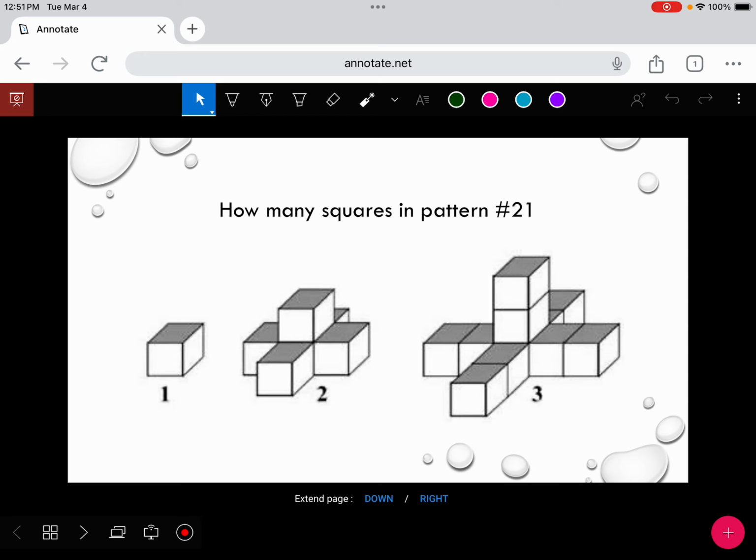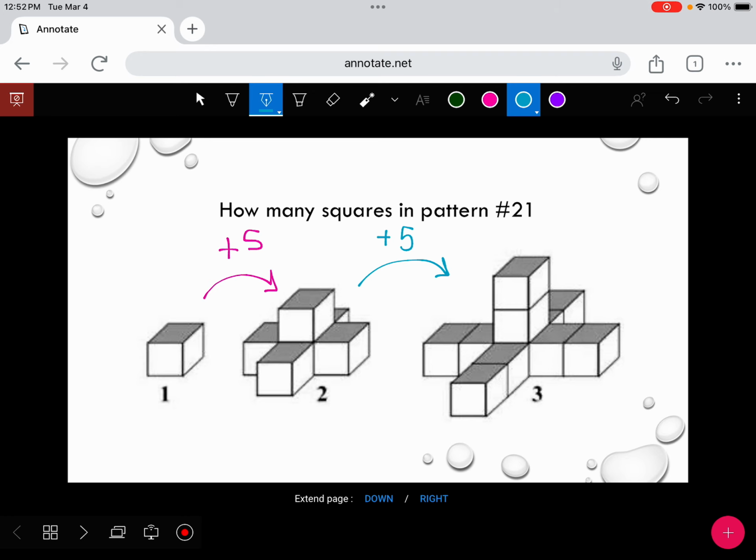How many blocks were added going from figure 1 to figure 2? They added 5 cubes. How many cubes did they add to get from here to there? They added 5 more cubes.